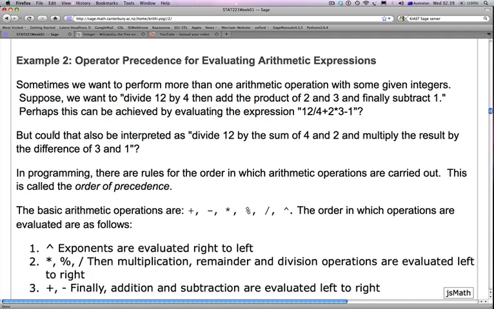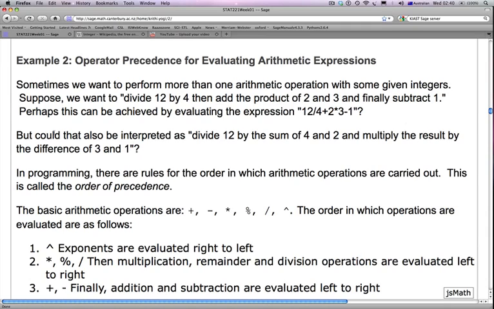Now let's move on to example 2. Example 2 is about operator precedence for evaluating arithmetic expressions. Sometimes we want to perform more than one arithmetic operation with some given integers. Suppose we want to divide 12 by 4, then add the product of 2 and 3, and finally subtract 1.